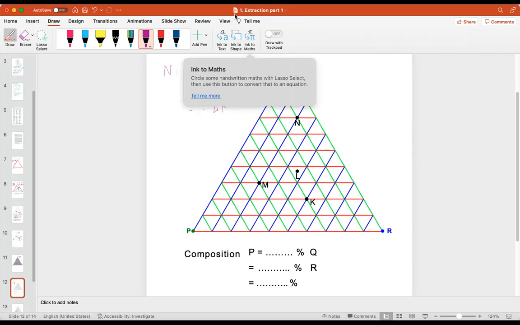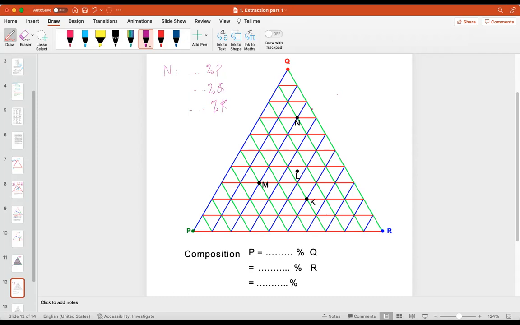So, can you write how many percent for the percentage of P in N? Each scale is 10%. So, what is the percentage of P in the point N? If you want to check the P, you look at the green one here, from the base there.